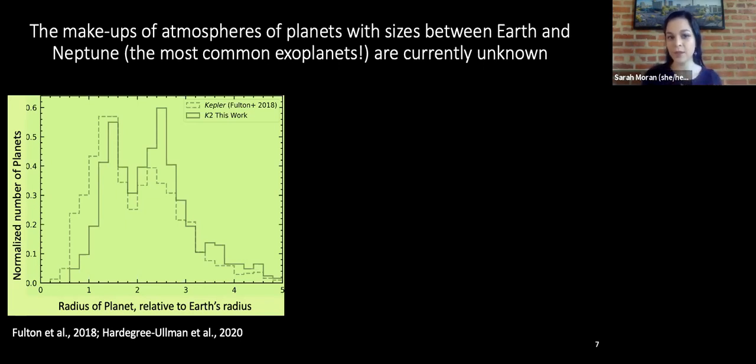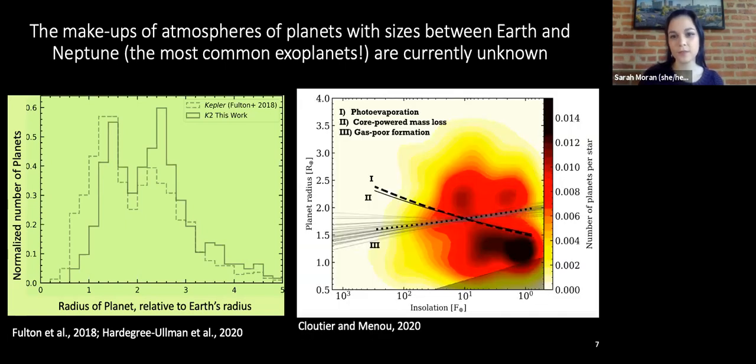Then we have this dip, and then a second peak at 2 to 3 Earth radii, and I think of those as mini-Neptunes. I know that can be potentially contentious, but that's how I think of it in my head. The reasoning for why we have these two very distinct sets of planets is unresolved at the moment.